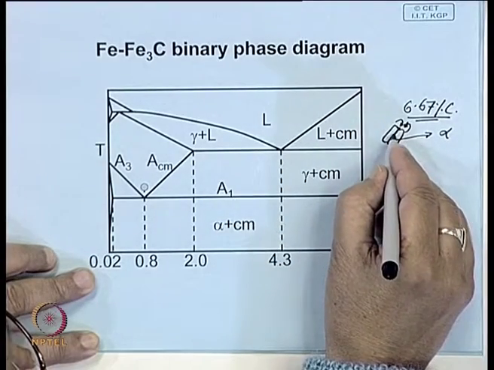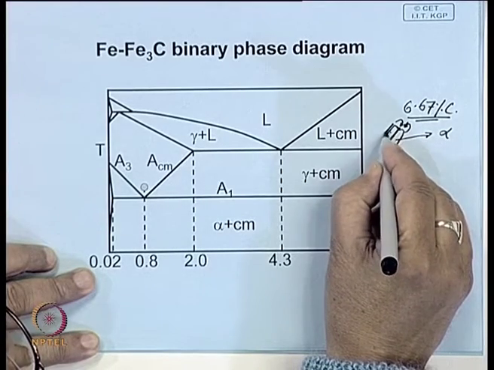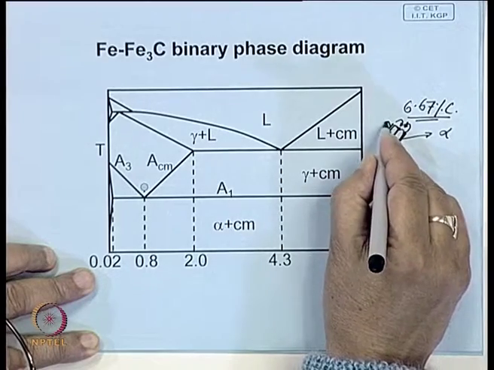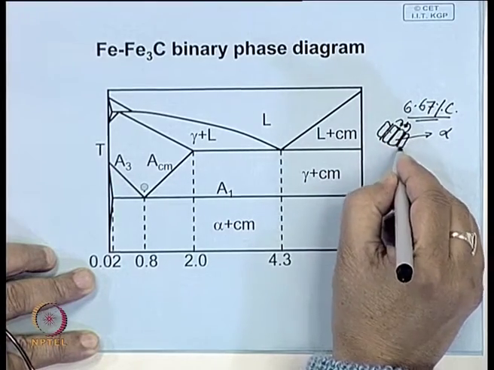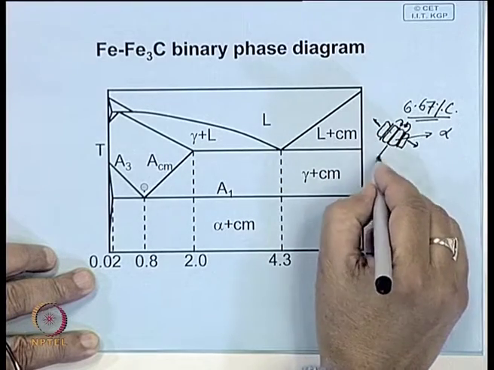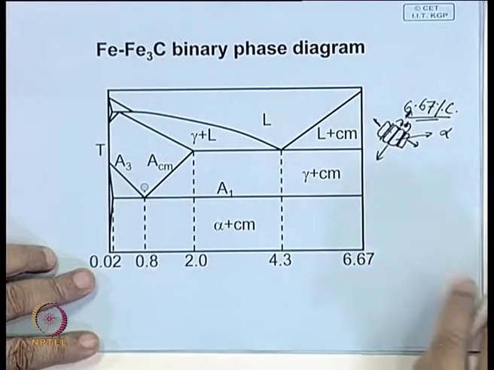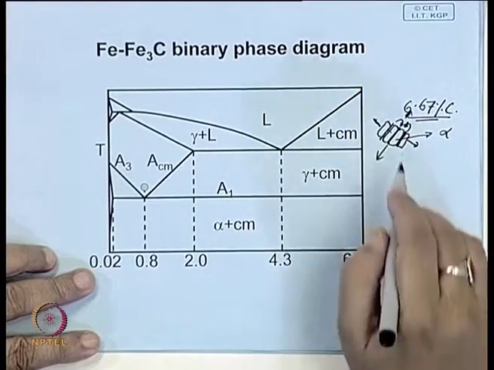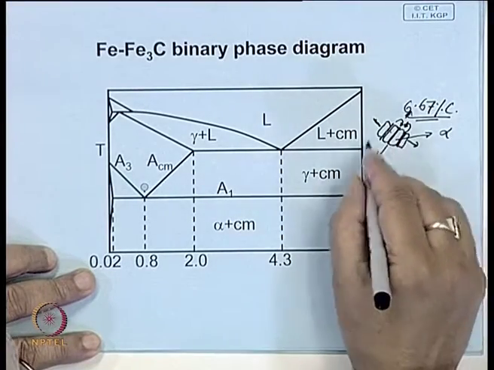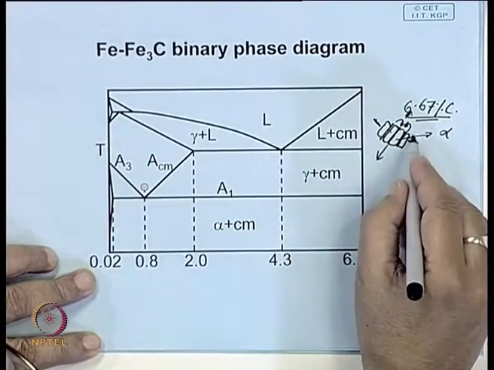And when this ferrite grows, it rejects carbon, this carbon goes to the interface, you have another plate of cementite nucleating, and this is how the process continues, and it grows in this direction and also in these directions as well, until it encounters another similar colony of perlite in the structure. So, this is how this perlite forms.